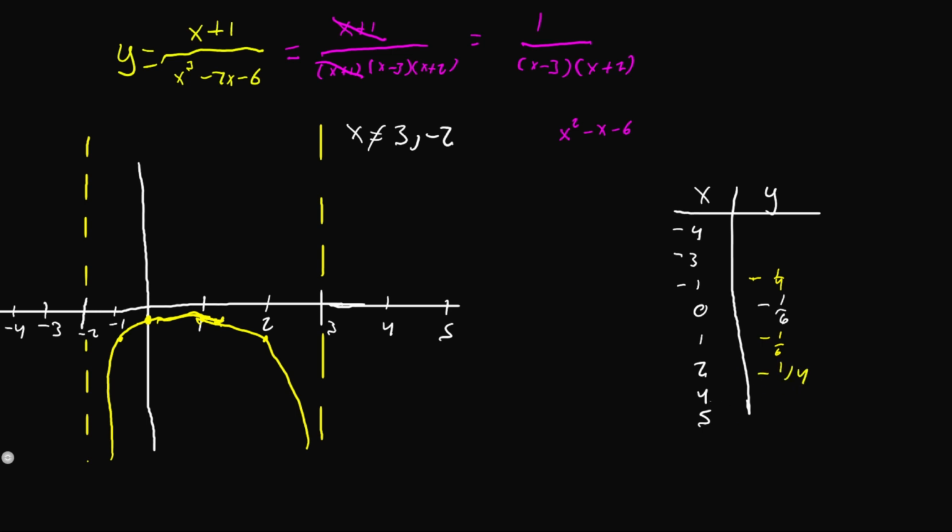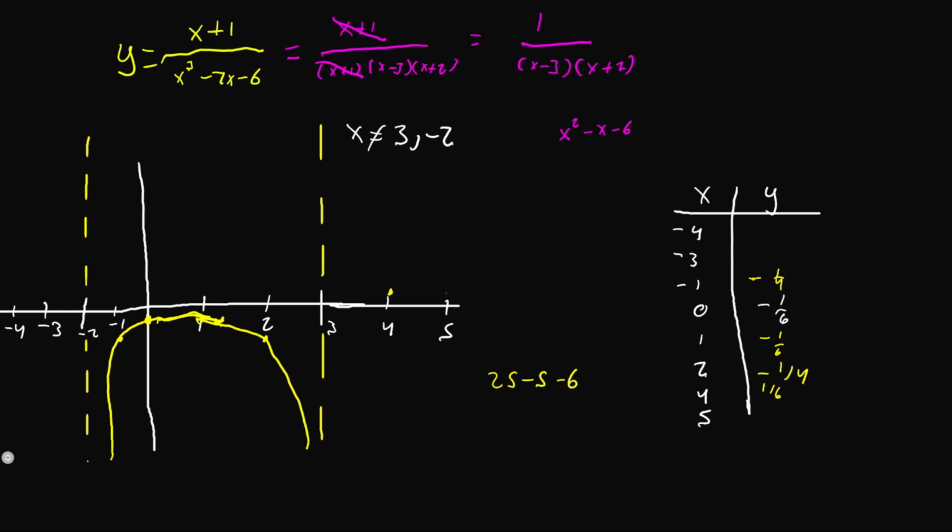So when x is equal to 4, we have 16 minus 4 minus 6, which is just 6. So we have positive 1 over 6, which is up here. Positive 1 over 6. And when x is equal to 5, we're going to have 25 minus 5 minus 6.